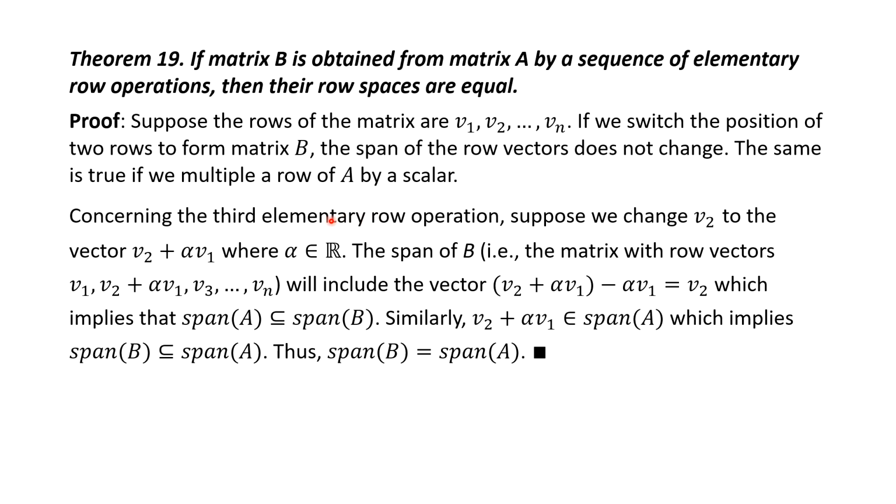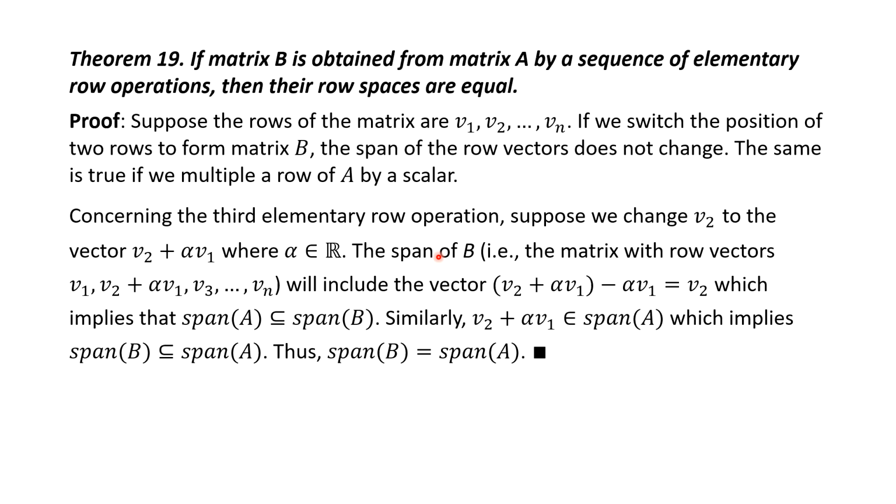The third one's a little bit trickier, but not too much. So we'll just take an example here concerning the third row operation. Suppose we change V2. It could be any of the vectors, but let's say we change V2 to the vector V2 plus alpha V1. I could have used i and j here to make it more general, but I thought this was sufficient.